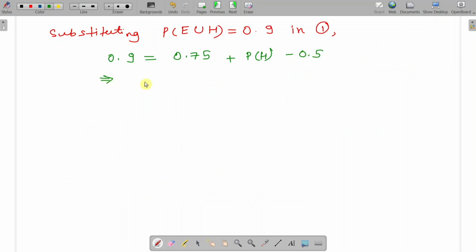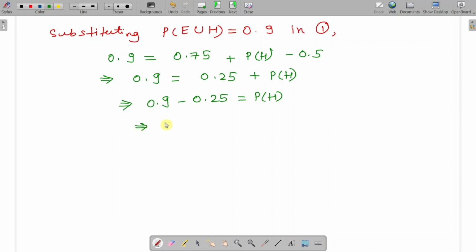Wait, with the given value: 0.9 is equal to 0.75 minus 0.5, which is 0.25, plus probability of H. So this implies 0.9 minus 0.25 is equal to probability of H.